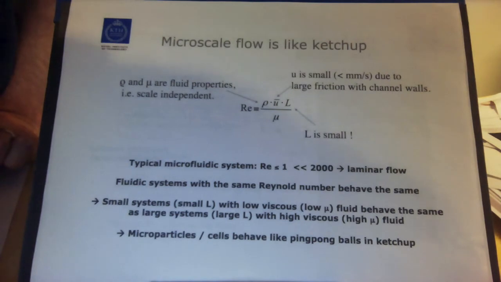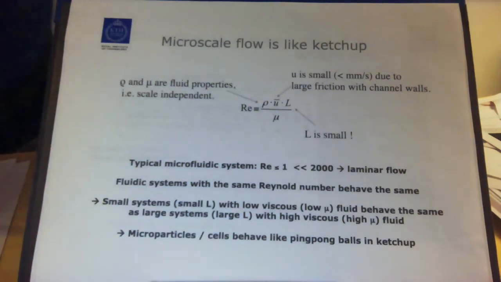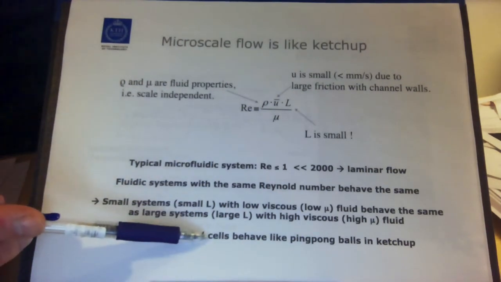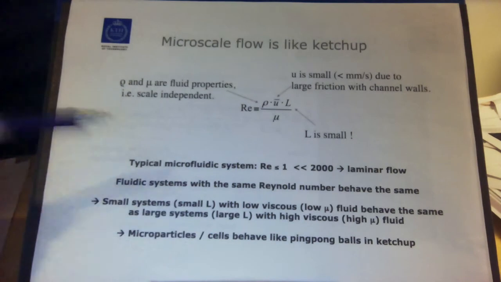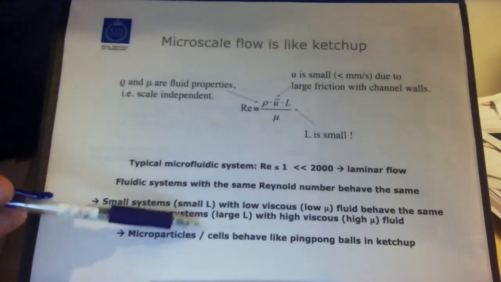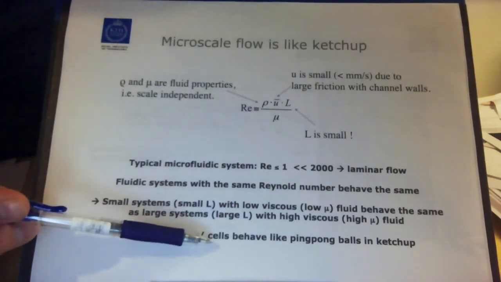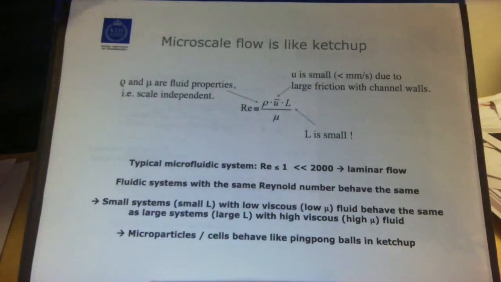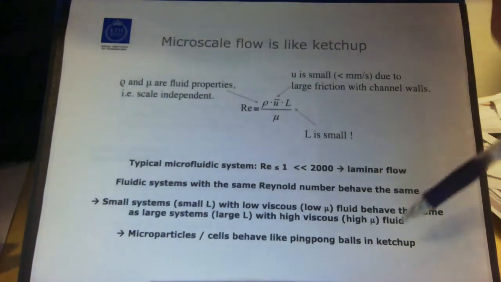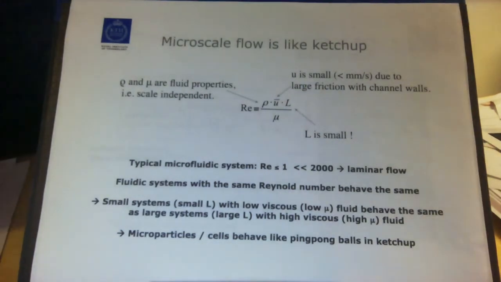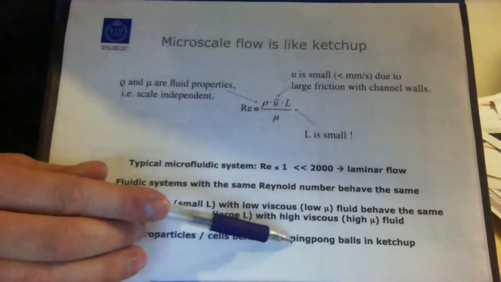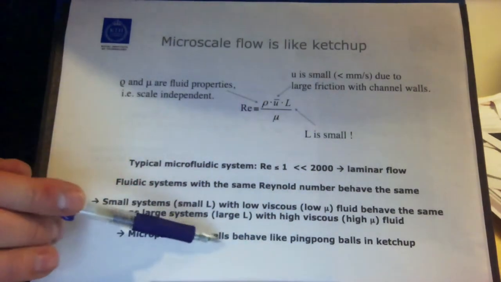So if we think, for example, of blood, it is actually a watery fluid that contains a lot of blood cells, and these blood cells will basically behave like ping pong balls in ketchup. So fluidically they behave the same, because ketchup has a very high viscosity, and ping pong balls have a very small inertia, just like blood cells, because blood cells are very small, they have a low inertia.